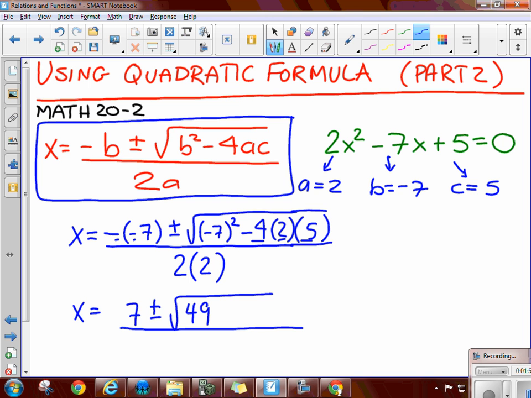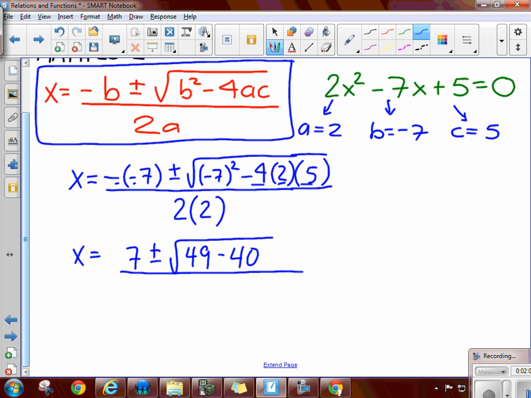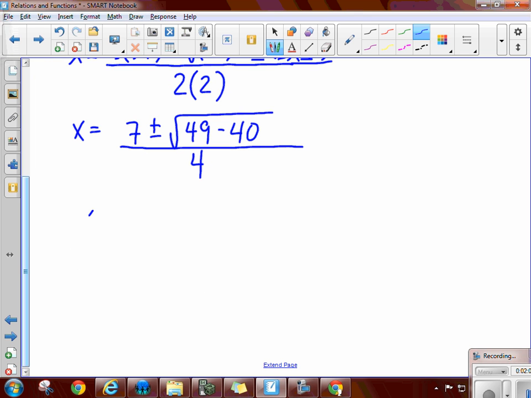So we have negative 4 times 2, that's negative 8, and then negative 8 times 5 is negative 40, and the denominator 2 times 2, simply 4. So now it's a matter of just cleaning up again. So we got the 7 out front, plus or minus the square root of 49 minus 40, well that's 9, all over 4.